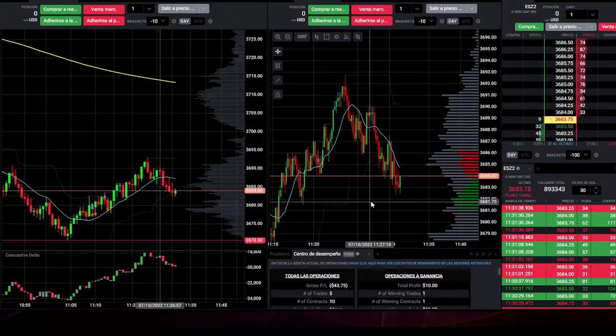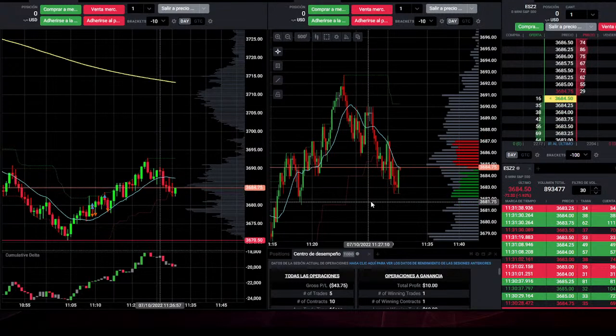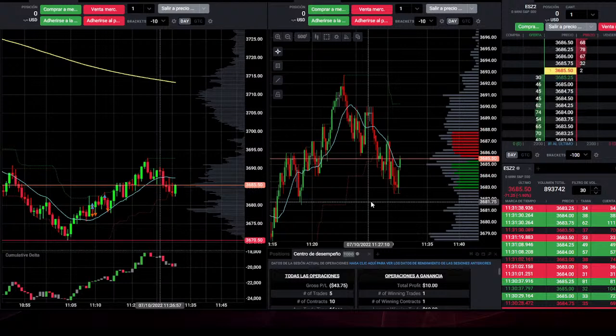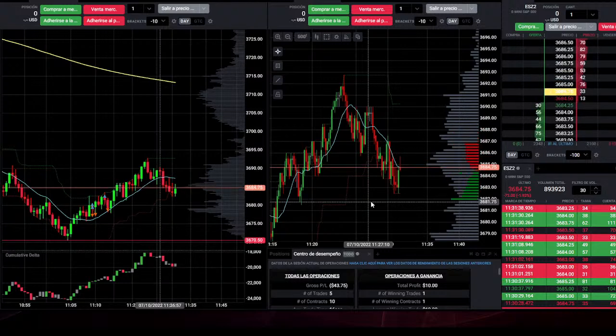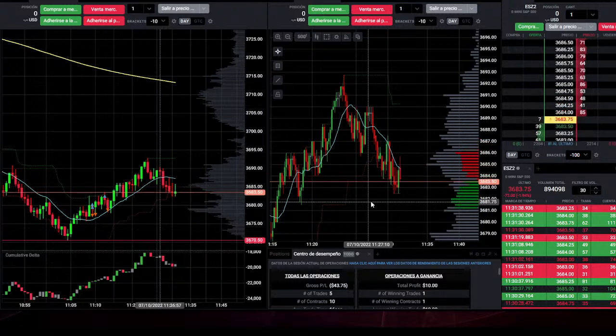The thing with forex is that if it's leveraged enough, like 500 to 1 or something like that, if you enter with a small amount of money, you could make a lot.